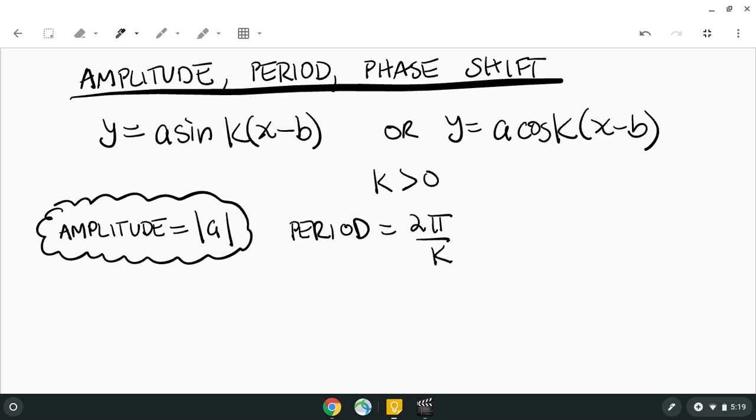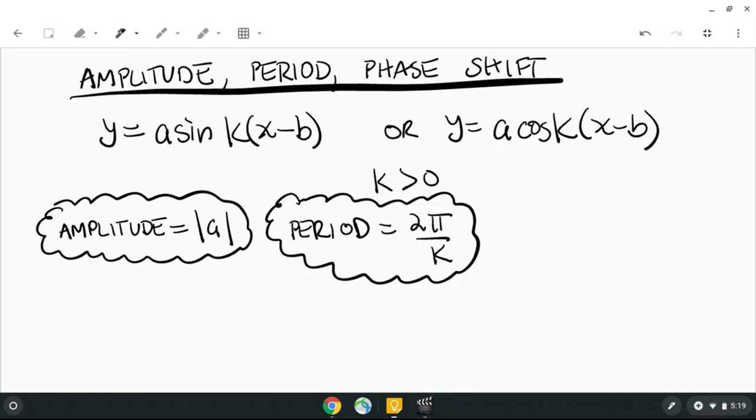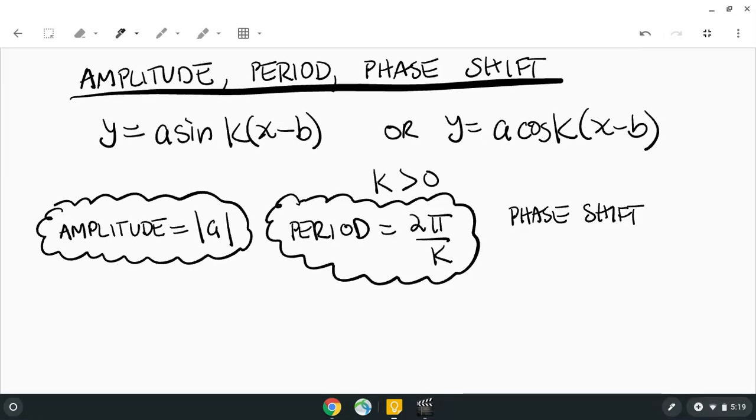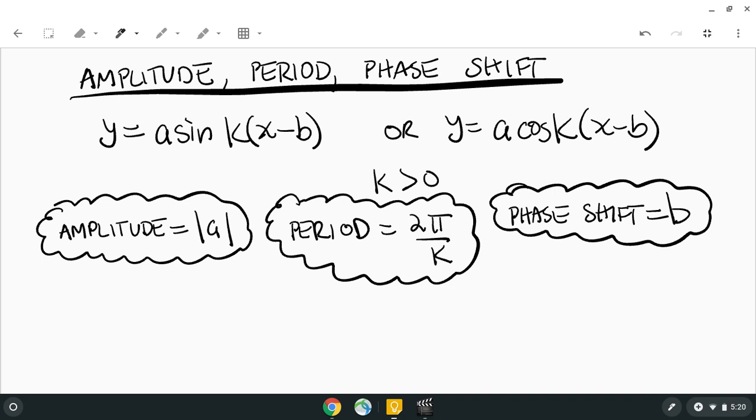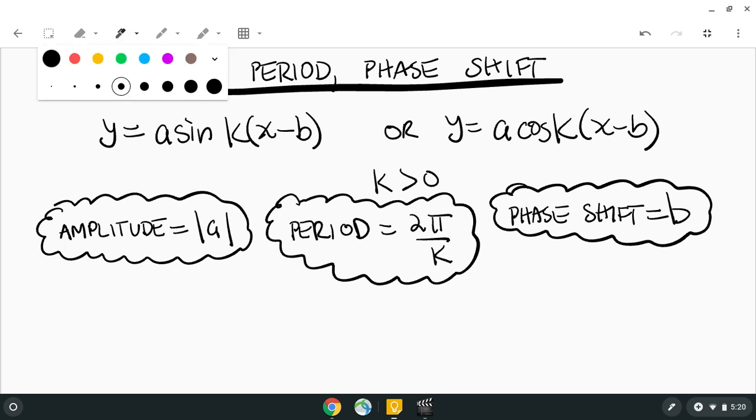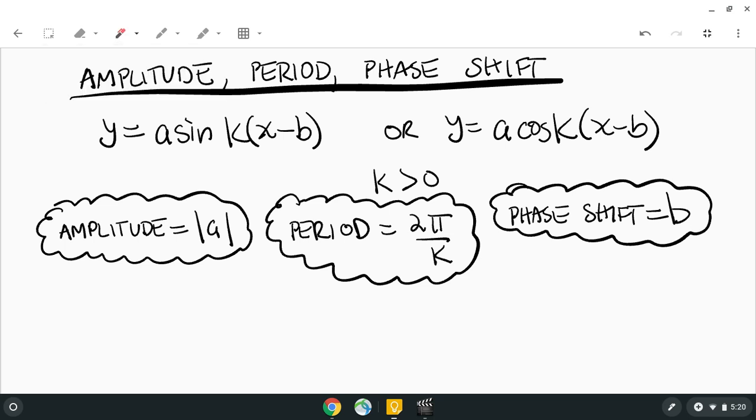Amplitude will be the absolute value of a, because whether or not you reflect this over the x-axis, the amplitude is still the greatest value. The period, so how long it takes to reach one full cycle, is going to be 2 pi over k.